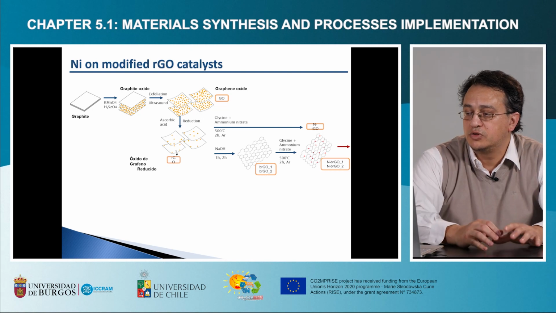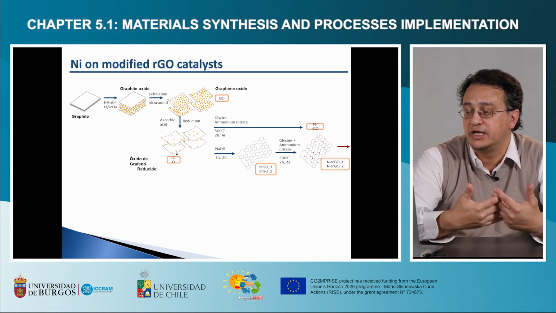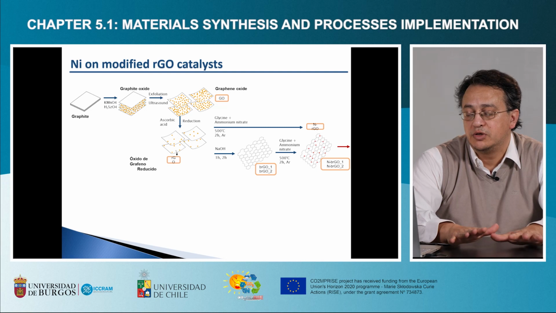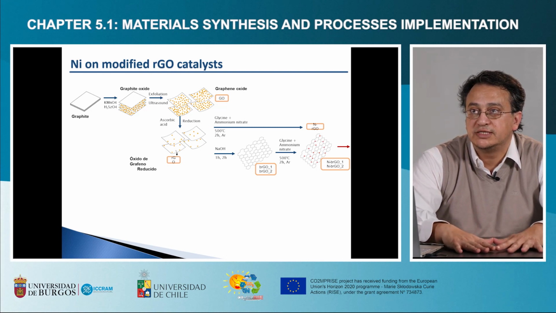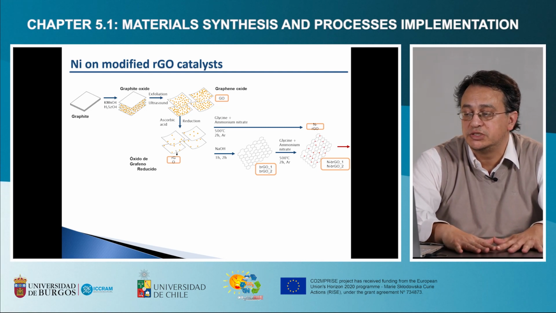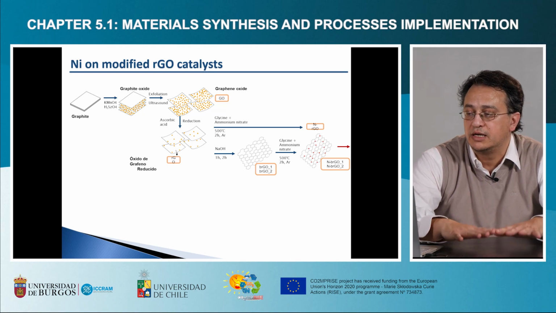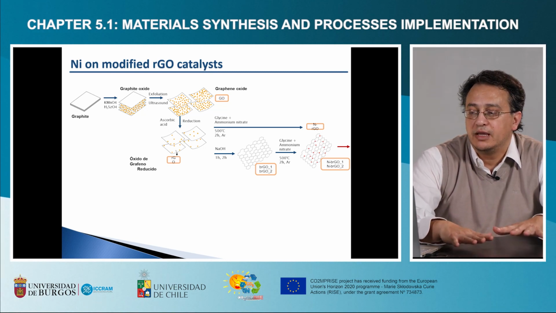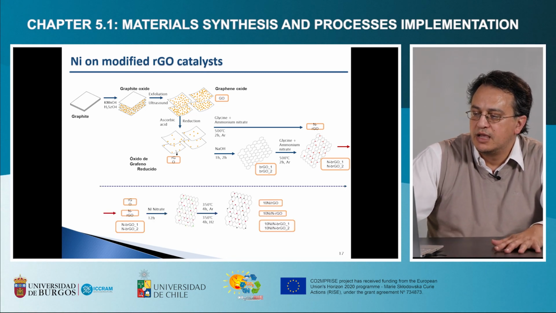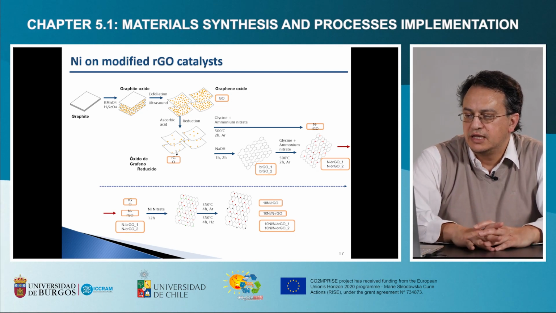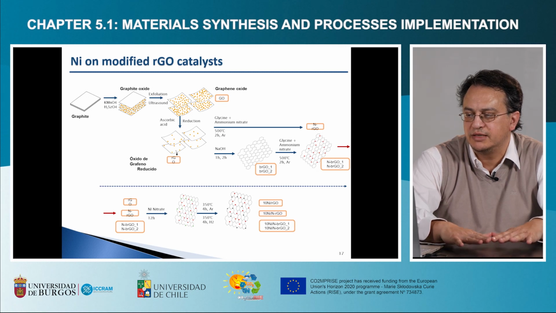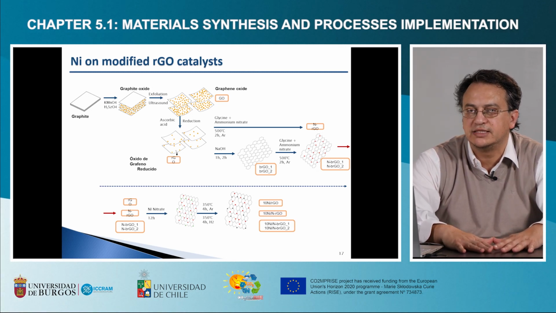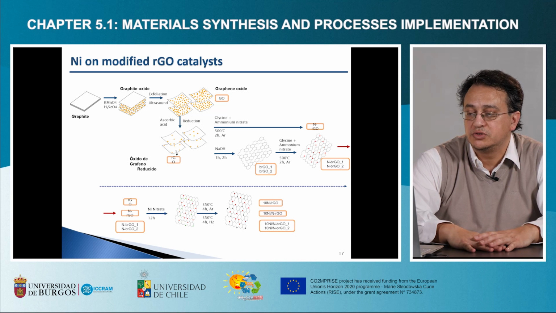Then we are able to put some nitrogen atoms in these defects, because we know that nitrogen sites strongly interact with CO2, so we do that in order to analyze the effect of having these strong active sites for CO2 absorption. And finally, as you may expect, we also have to put the nickel on the systems, because nickel is the site that will provide us the hydrogen for getting the CO2 reduced.